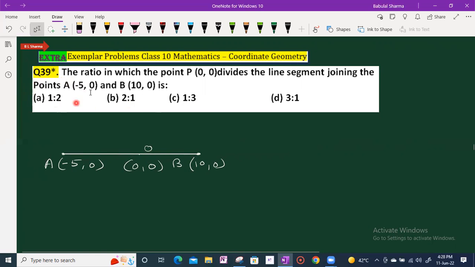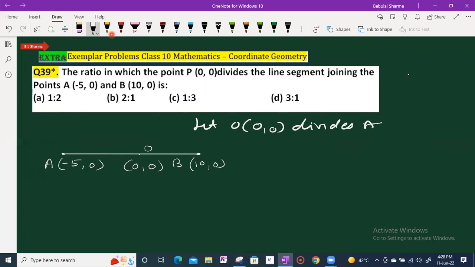तो ये 1:2 इसका आंसर आ गया है. दैट इज 1:2. और अगर मैं इसको सेक्शन फॉर्मूला से करूं तो मैंने लिखा यहाँ पे, let O, means the origin, which is 0, 0, divides in the ratio k is to 1.